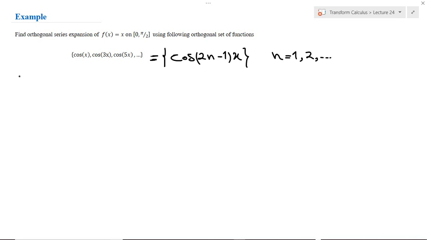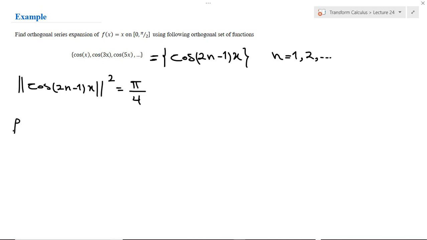So first we have to find the norm of cosine (2n minus 1)x. You can easily find it based on the definition of the norm. The norm squared in this case is equal to pi over 4.